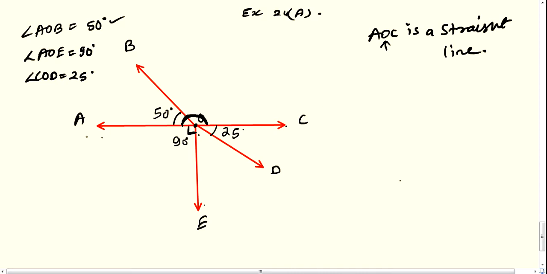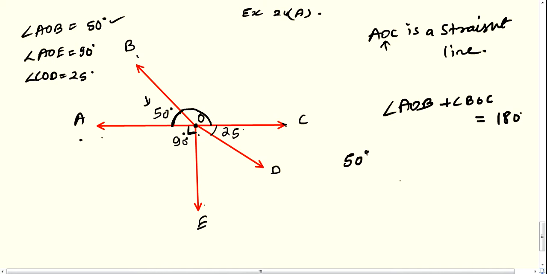Simply AOB, that means this angle, plus BOC, that means this angle, equals 180 degree. Angle AOB is given as 50 degree, so write 50 degree plus angle BOC, that we have to find, equals 180.